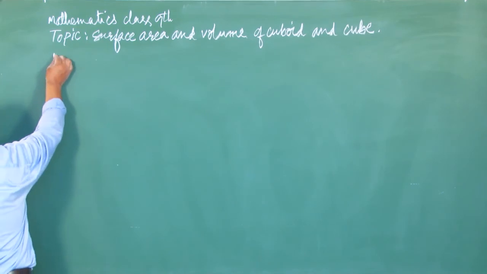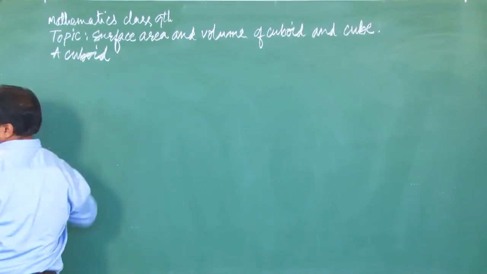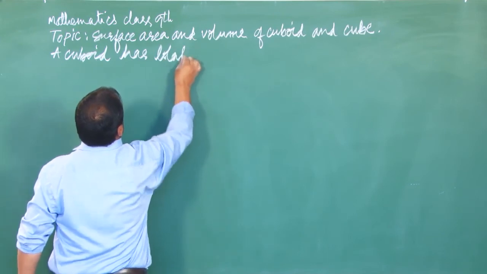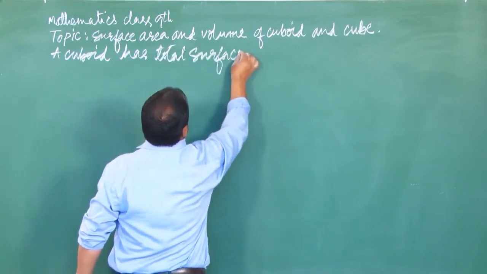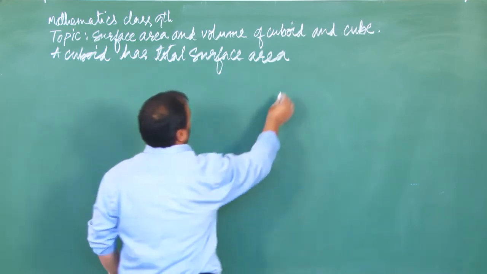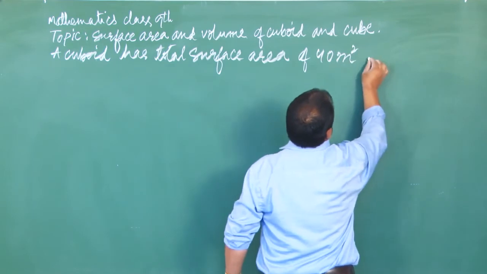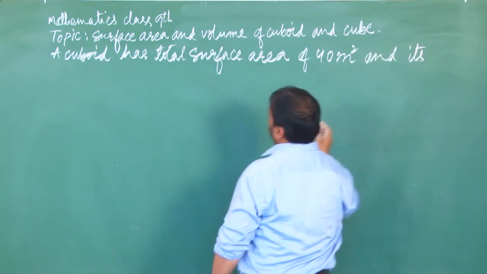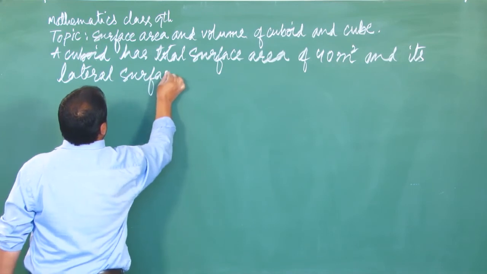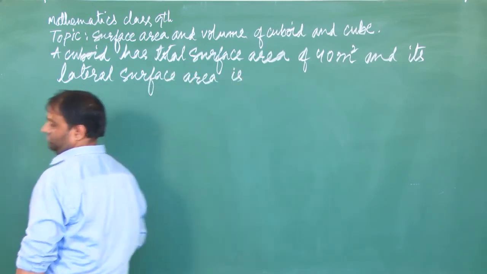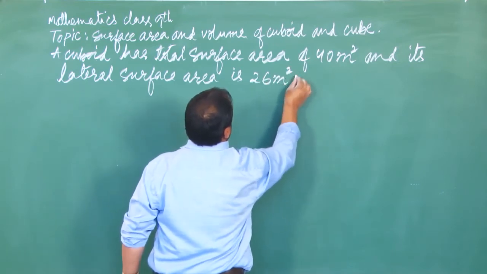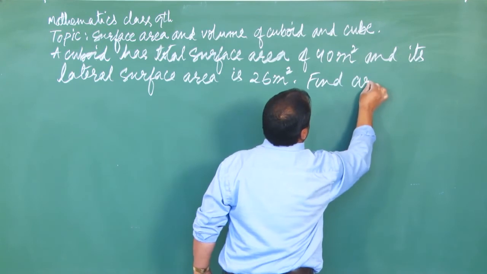A cuboid has a total surface area of 40 meters square, and its lateral surface area is 26 meters square. Find the area of its base.